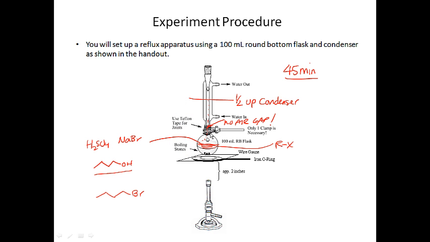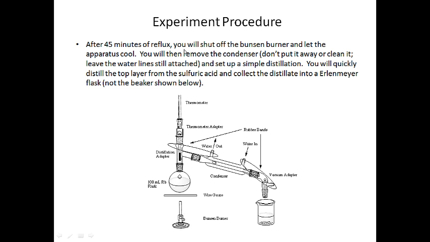After the 45 minutes of reflux, you're going to shut the Bunsen burner off and let the apparatus cool. Then you're going to move the condenser over here and put on a distillation adapter, thermometer and thermometer head, and your vacuum adapter. So you're going to convert the reflux apparatus into a simple distillation apparatus.